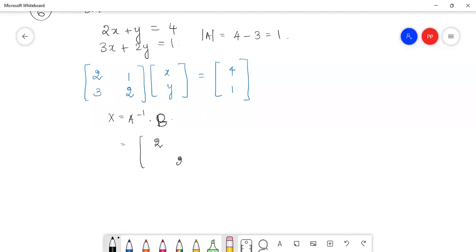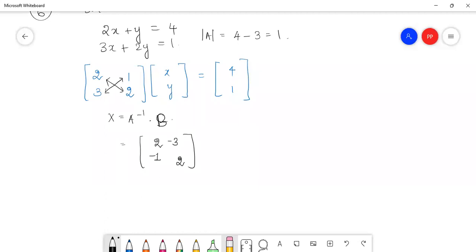To find the inverse we interchange. This becomes 1 and this becomes 3, and it has to take a negative sign. Check the inverse correctly, it's very easy. 2 and 2 will not change at all; they just interchange, and the sign will not change.